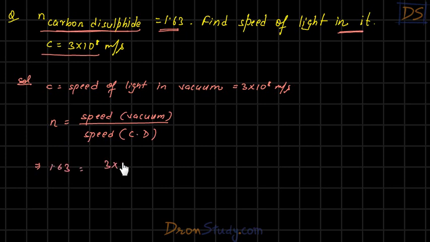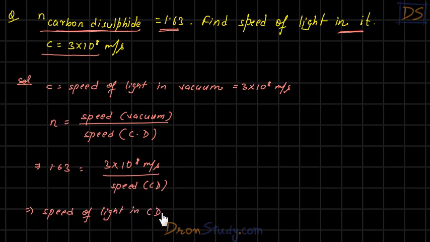Speed of light in vacuum is 3 into 10 to the power 8 meter per second, divided by speed of light in carbon disulfide. So clearly, from here you can calculate speed of light in carbon disulfide as 3 into 10 to the power 8 meter per second divided by 1.63. If you calculate it, you will get our answer. So you can see it's a very simple question, students.